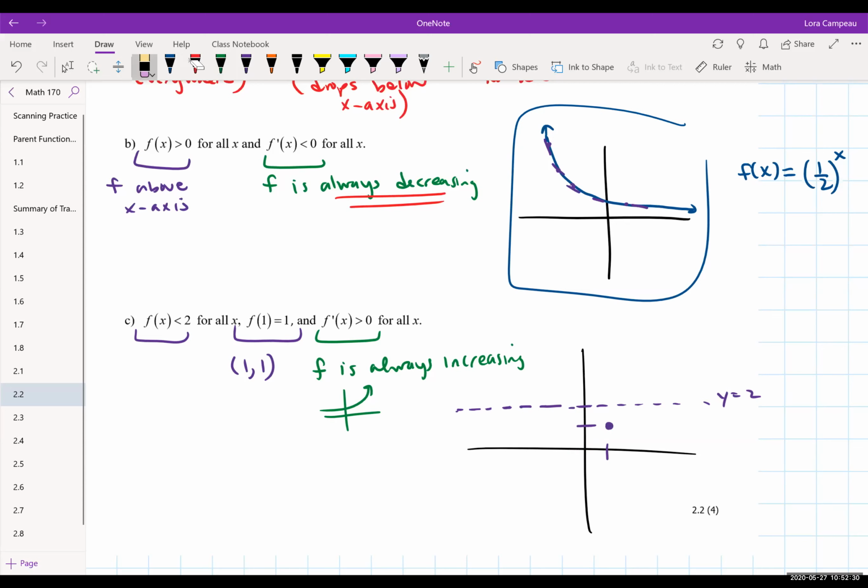We've got erasers, change our minds. So maybe we can draw the function itself. Let's work with it always increasing. It's got to pass through this point, but it's always below the line. It looks like y equals 2 is working as a horizontal asymptote. I'll draw the exponential this way. So this might be a case where there's a reflection.